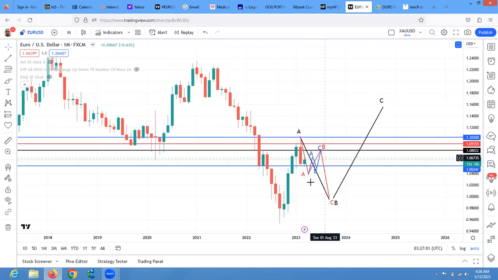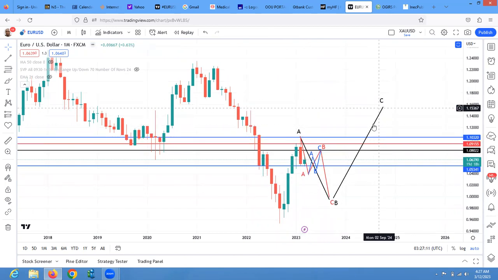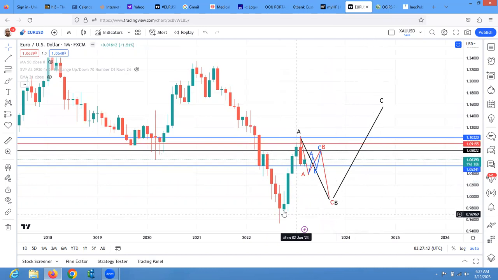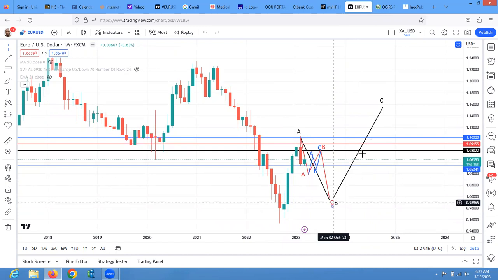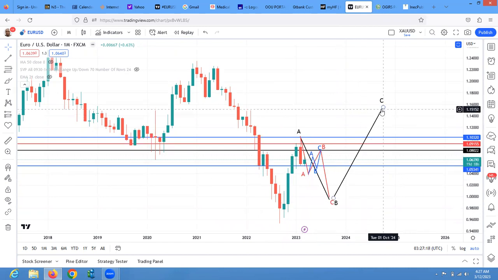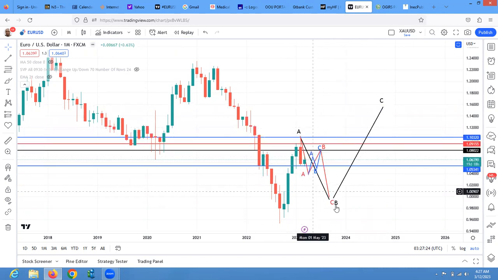So you imagine these ran in 5 waves, 1, 2, 3, 4, 5, and this correction is going to be 3 waves, and this also is going to be in 5 waves. That is what I can tell you for free, because this one did 5, and this is running 3 waves. This is also going to run in a 3 wave, and the leg here is going to be equal to this leg.